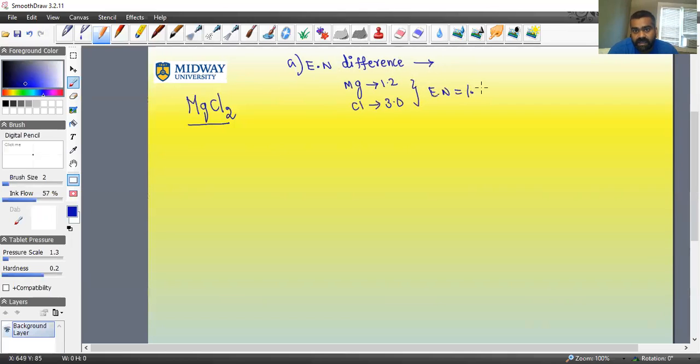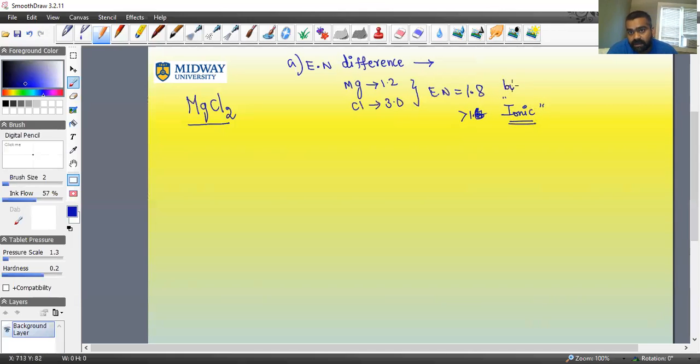So 1.8. So this is about 1.7, right? It's clearly above about 1.6, the range. So it will be ionic, right? Okay, there are two pieces of information here. The bond polarity is ionic.